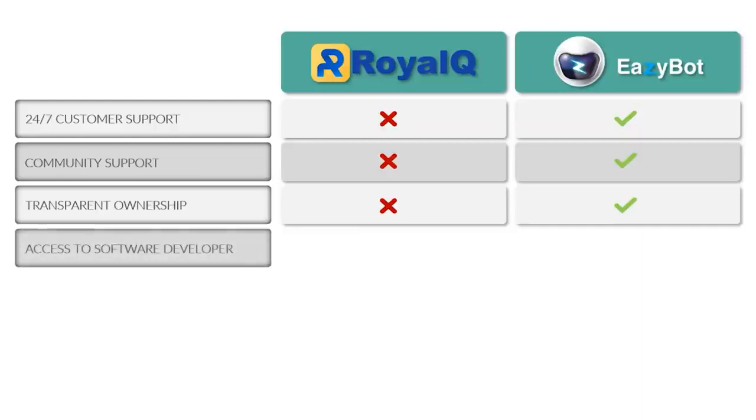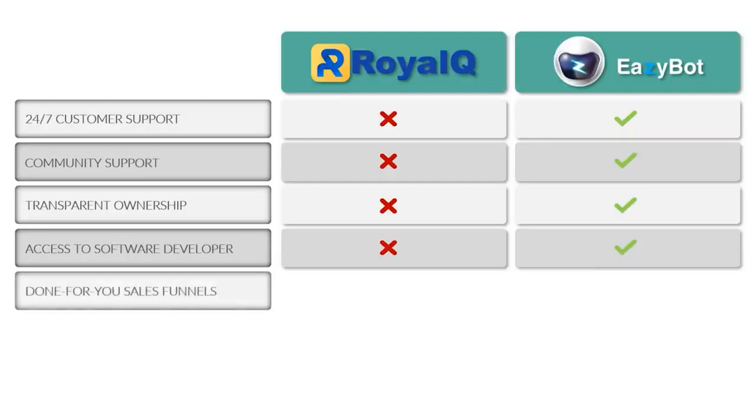In terms of access to the software developer, we don't know who coded it with Royal Q. There's rumours that it was a white label of another company, which I won't mention, but with EazyBot, it's fully transparent. Again, we have access to this person multiple times per week on live Zooms inside of the community, so you get to learn from the mind behind the algorithm, which is very powerful.